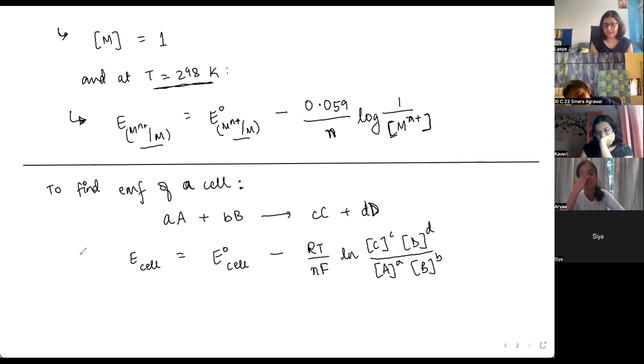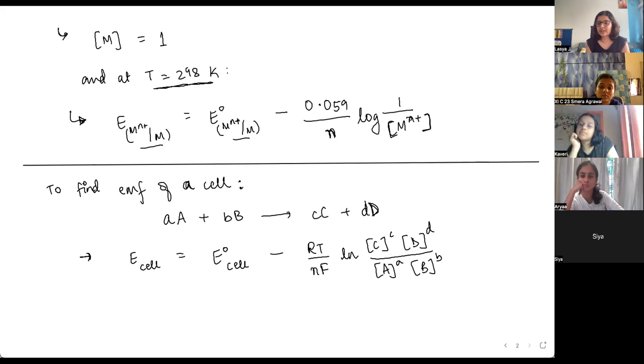This is the most complicated form of the Nernst equation, but this is not something you'll have to use, because when we're looking at redox, two of these are going to be solid metals, right? Like if you consider the zinc or copper half reaction, zinc is getting oxidized, so on the LHS zinc is going to be solid metal, so that's going to become 1.